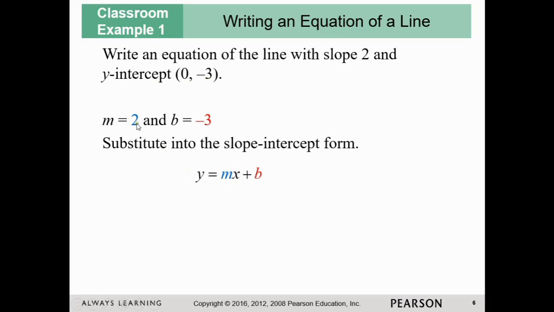So we simply plug in the slope for m and this y-intercept here for b. So we just simply move this into y equals 2x minus 3. You don't want to miss this question on there. Just plug in m and b here.